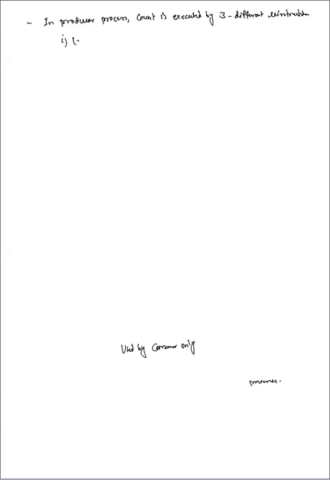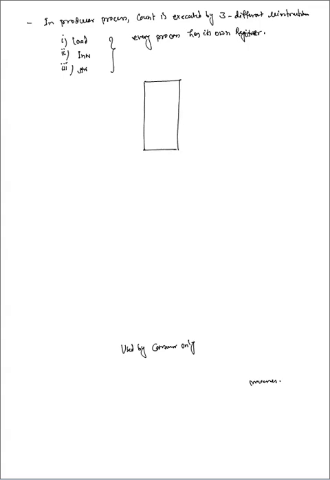One is load, second increment, third is store. As I said earlier, every process has its own register, right? So here I am discussing only the producer.